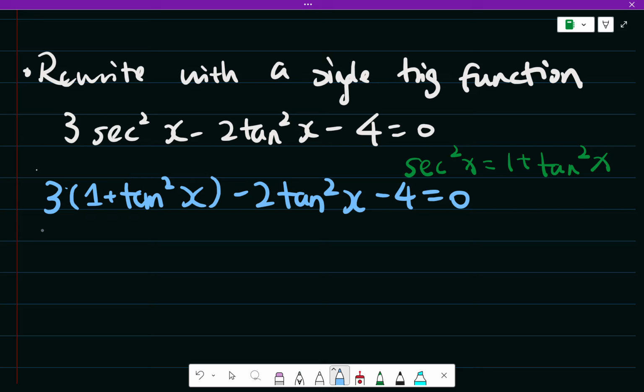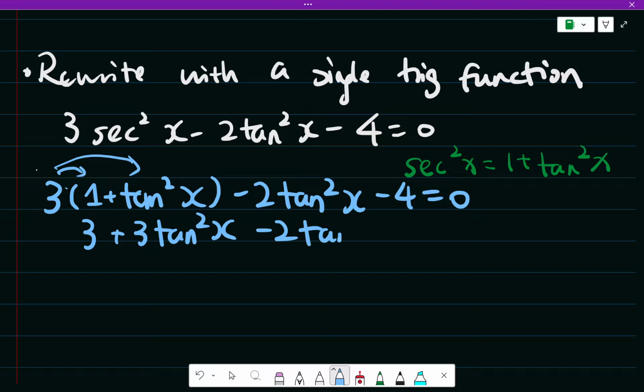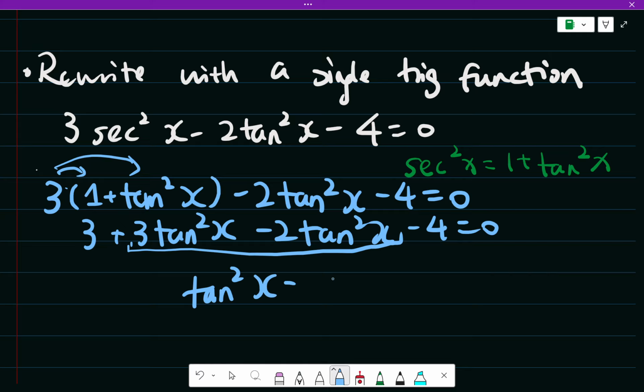And if we remove the bracket by multiplying 3 to both terms inside the bracket, we would have 3 plus 3 tangent squared x minus 2 tangent squared x minus 4, which is 0. And if we combine like terms and simplify the whole equation, we would have tangent squared x minus 1 is 0, and tangent squared x is 1, and tangent x is positive or negative 1.